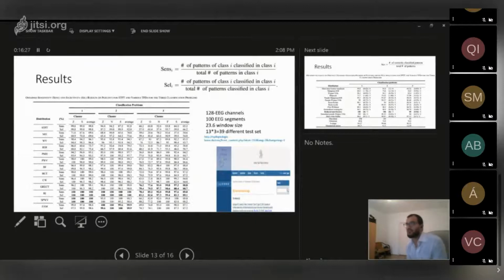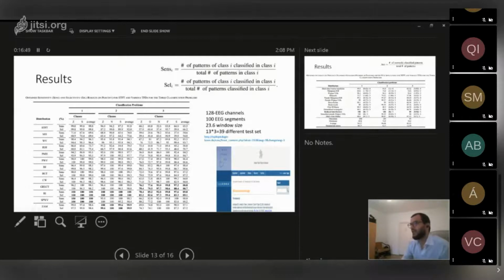And what are our classes? We have five classes. Two classes are from healthy people: Z is healthy people with open eyes, and O is healthy people with closed eyes. We have 100 segments for each of them.